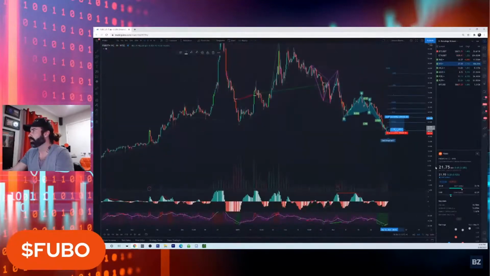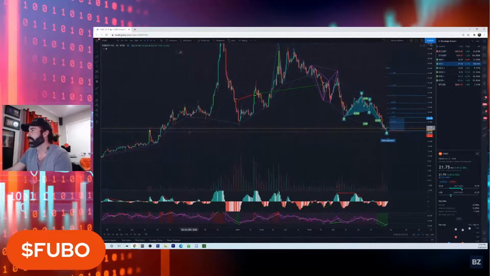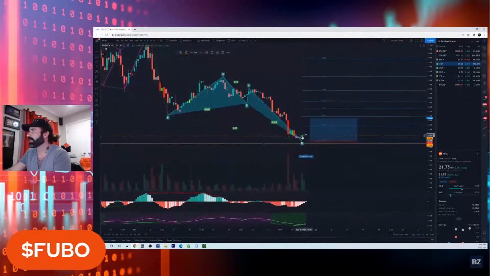And if you look at Fubo, which is another good aspect about this trade, you've got historical resistance and support, and look where that is, right at the pattern completion zone, which makes sense. You want that. If it's going to reverse, why would it not reverse at the pattern completion?